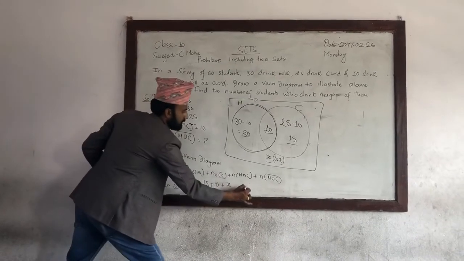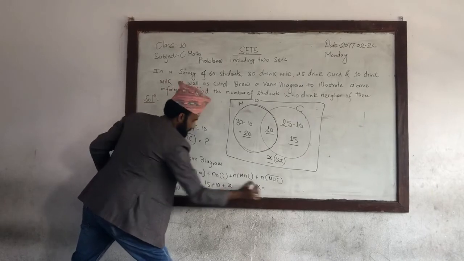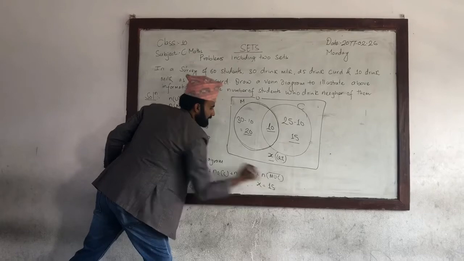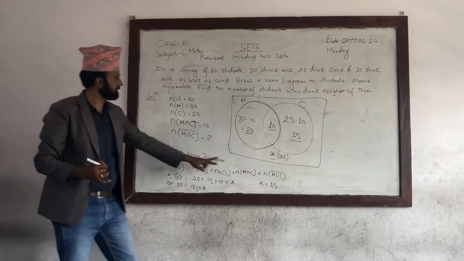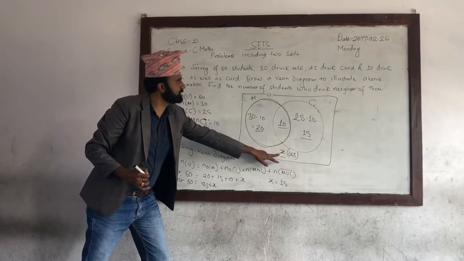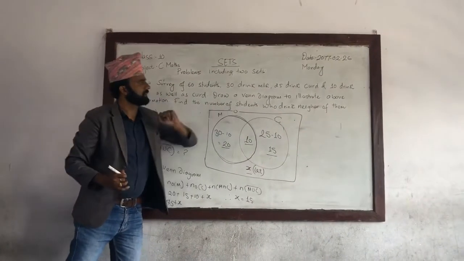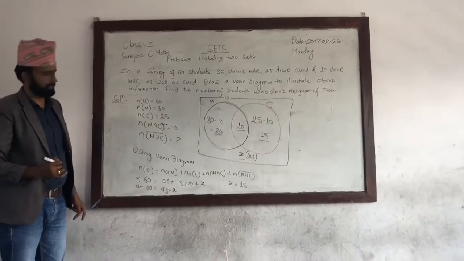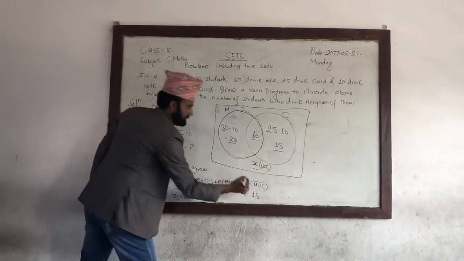Therefore, x is equals to 15. Now, what does x mean? x is the number of students who drink neither of them. Have you understood? Okay, thank you.